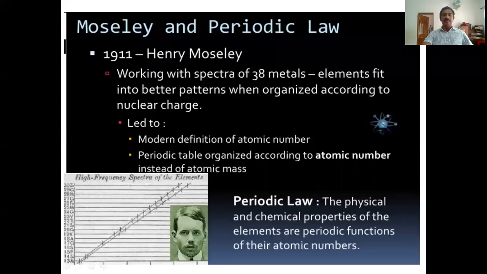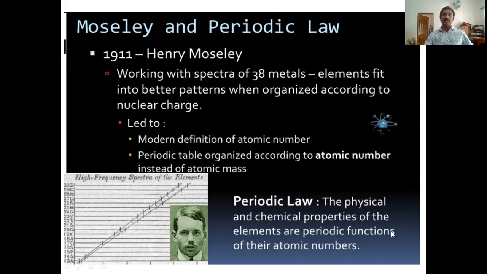Today we are going to discuss modern periodic table and modern periodic law. Mostly in 1911, when he was working with the spectra of 38 metals, he identified that the elements fit into better patterns when organized according to nuclear charge.